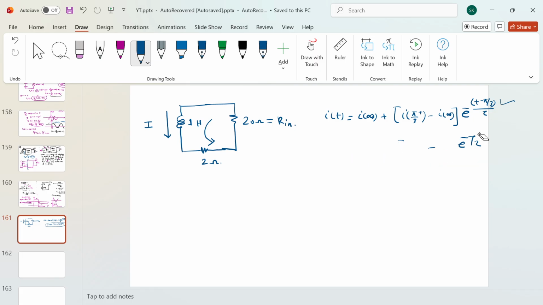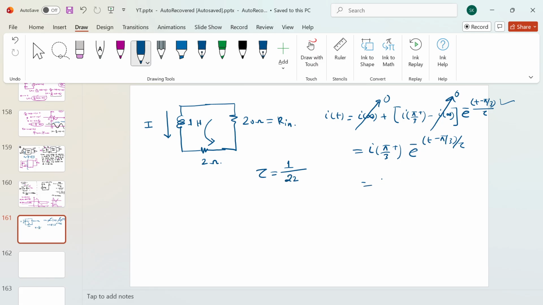Okay. Now, I infinity, it is a source free circuit, so I infinity will simply be 0. But it has some initial value, and let's say this initial value is I of pi by 3, times e to the power minus (t minus pi by 3) by tau. Tau of the circuit is L by R, 1 by 22.